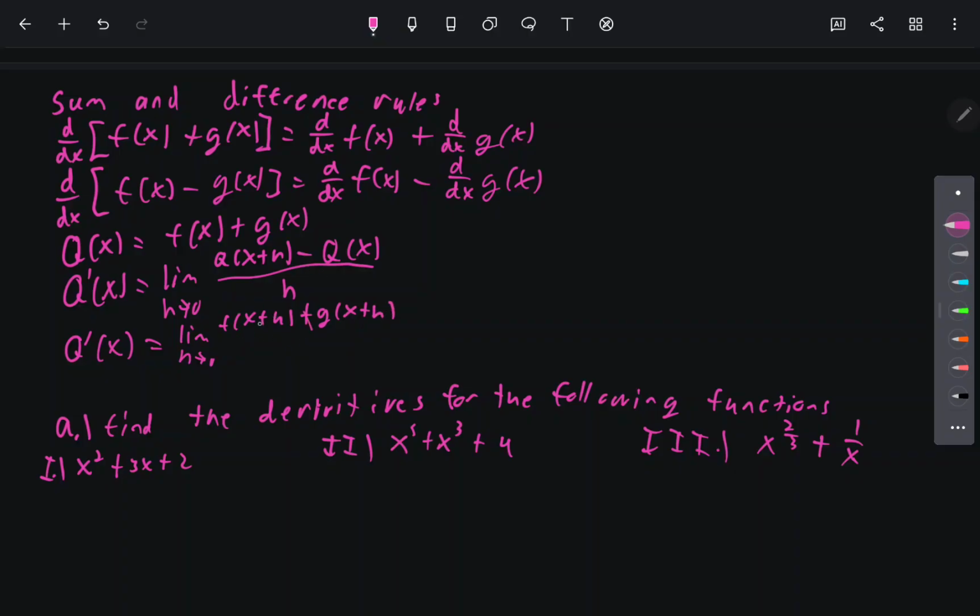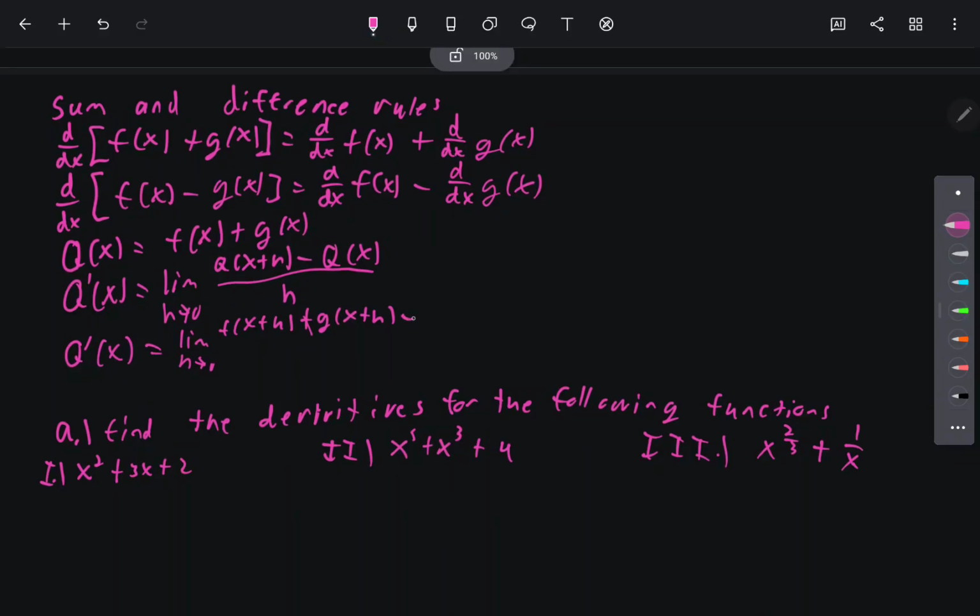And I'm just getting this from plugging in the fact that q of x plus h is going to be plugged into both of those, minus f of x minus g of x all over h.